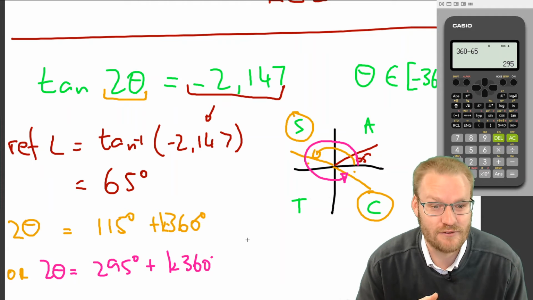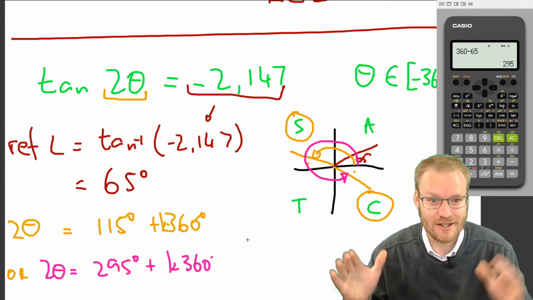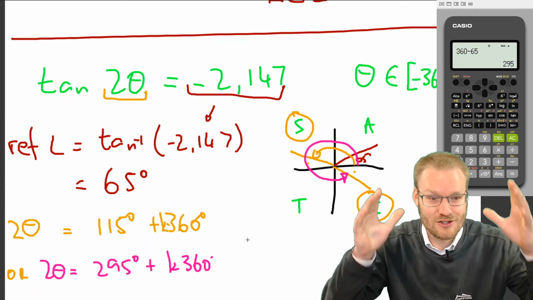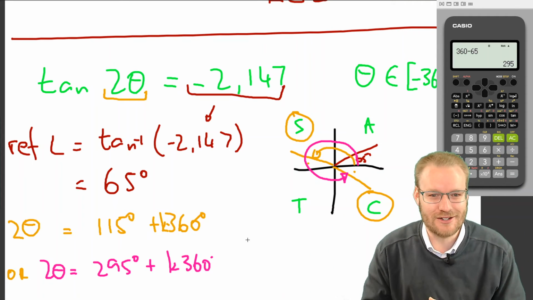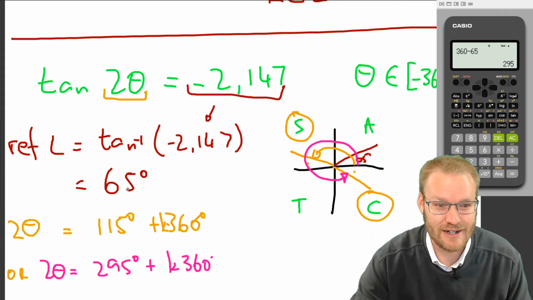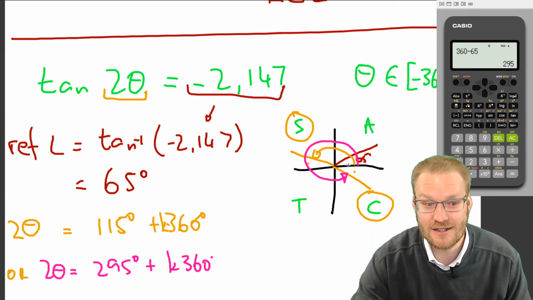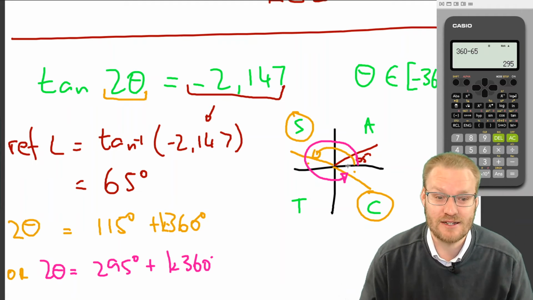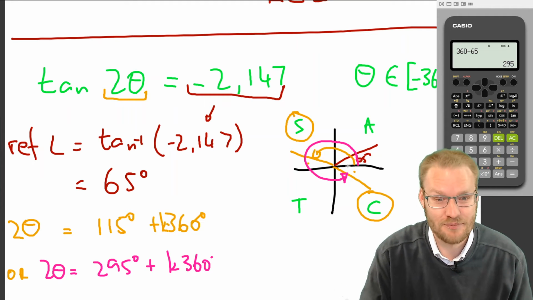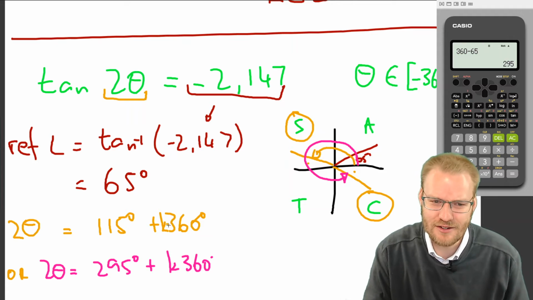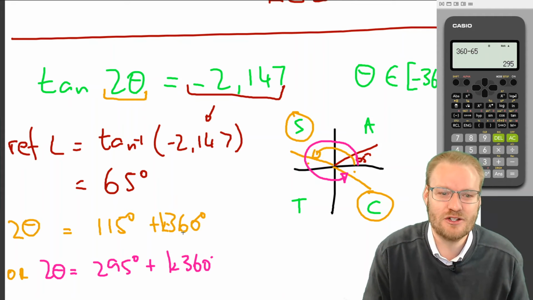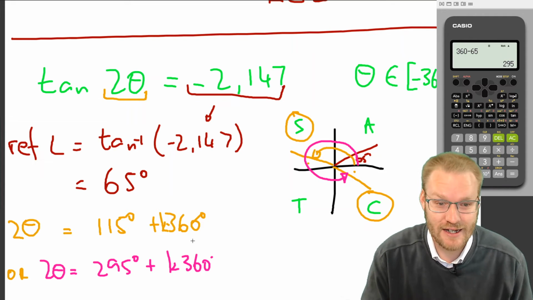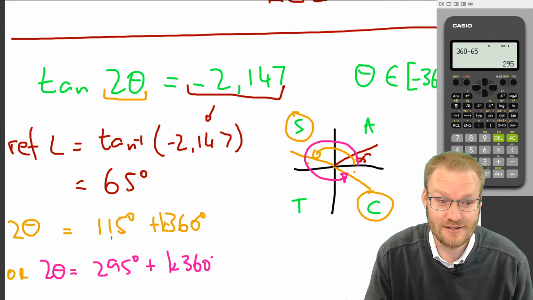The reason we're going this way is that things are more similar, so it doesn't matter. Sine, cos, tan, we've got such a similar way of approaching it: we find our reference angle, we've got our CAST diagram, we get our 2 solutions, and then we just add k times 360. So if you see others with a 180 or solutions that look different, your solutions could well be perfectly right, and there are different ways of writing these out.